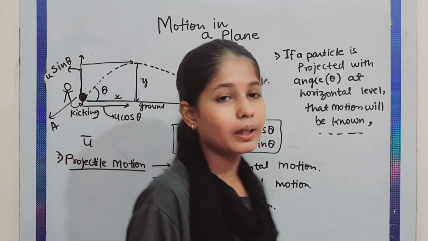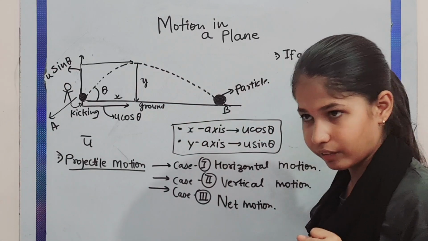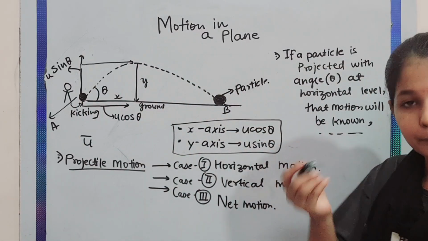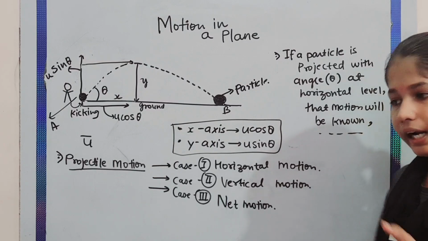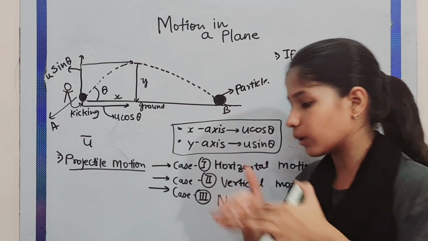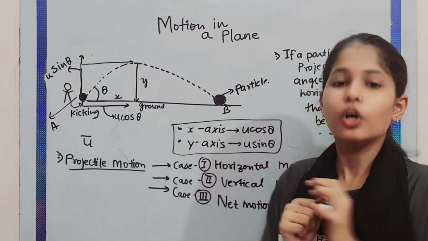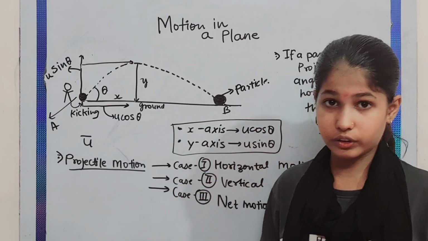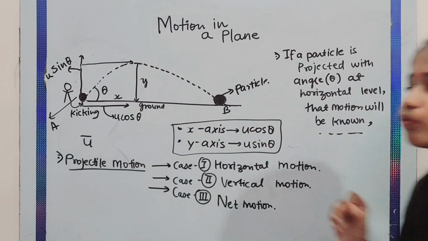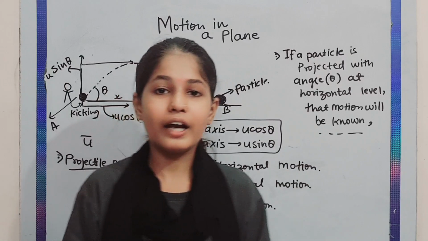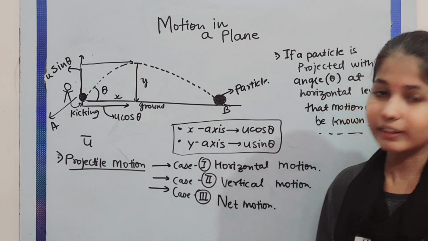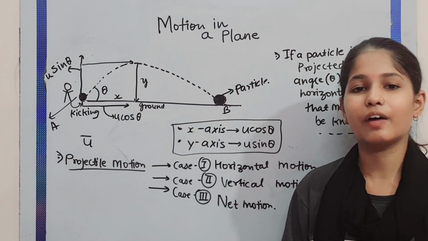Because the question will become like this: the angle is 37 degrees and the initial velocity was 10 meters per second or 20 meters per second, and it asks that in 10 seconds what is the maximum height, what is the horizontal motion, and what will be our net motion here. On the basis of the 3 cases we are going to derive 3 formulas, and after deriving them we are also going to solve 2 questions on this topic. This will be our today's topic.